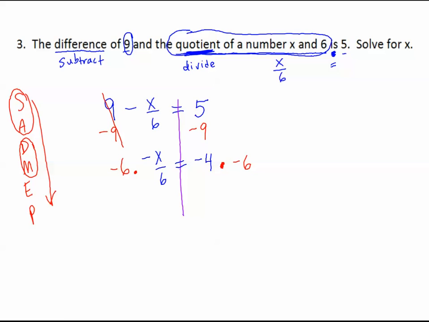On the left side of the equation, I have the negative 6 divided by negative 6 gone. What's left over? Just x. On the right side of the equation, negative 4 times negative 6, 24. So I've solved for x. X equals 24.